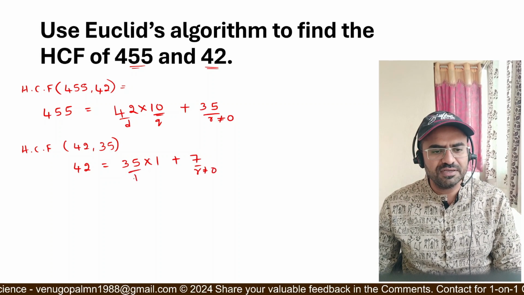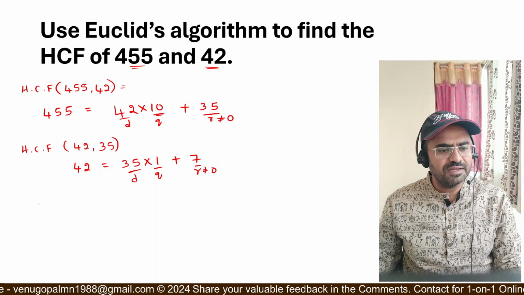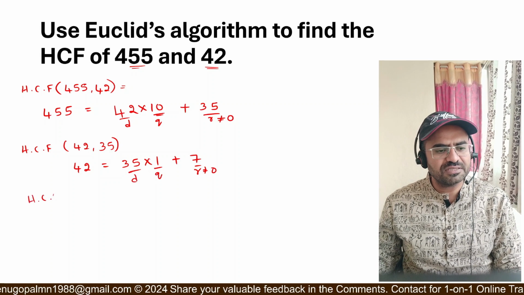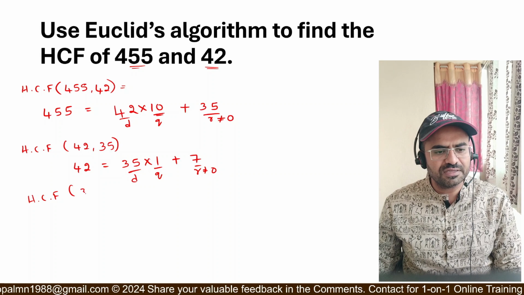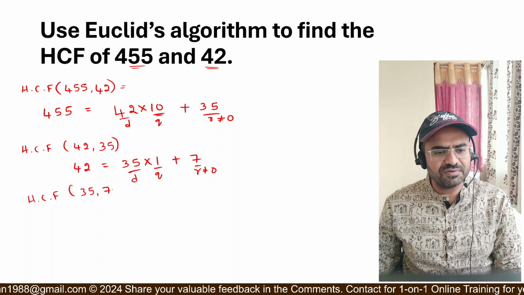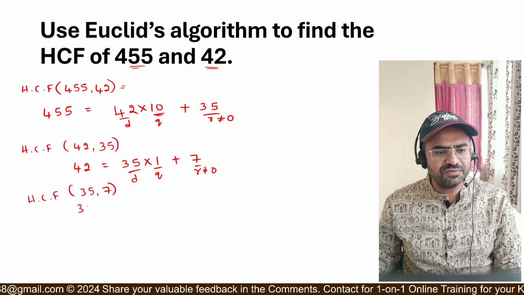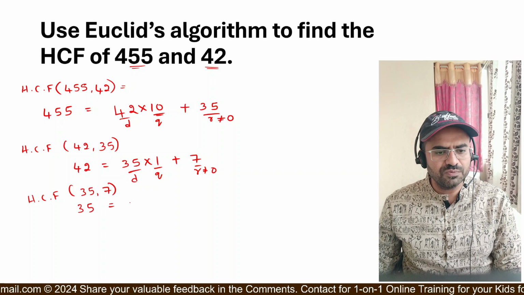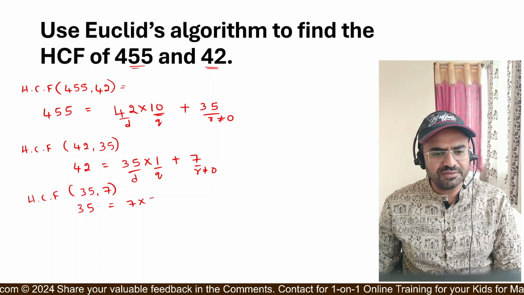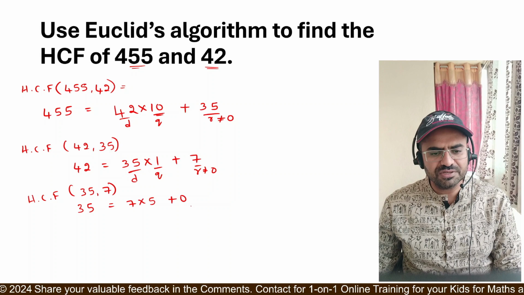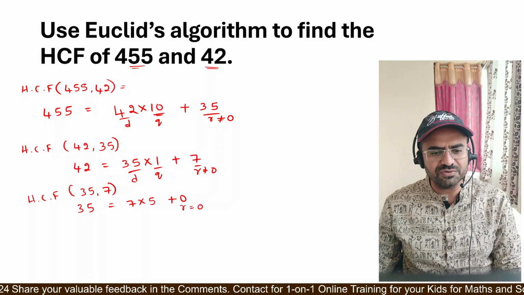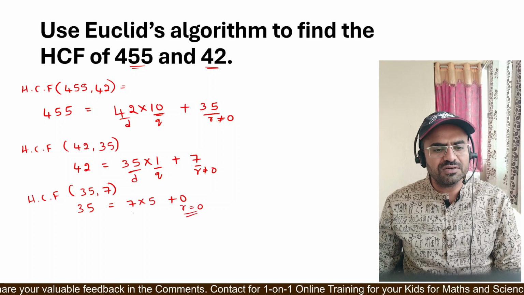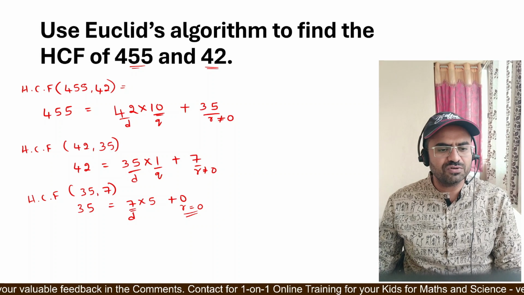This is your D and this is your Q. Correct. Again apply the same step. HCF of 35 comma 7: 35 is equal to 7 into 5 plus 0. Now R is equal to 0. In this step, what is the value of D? D is equal to 7.